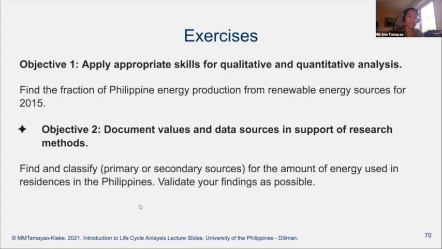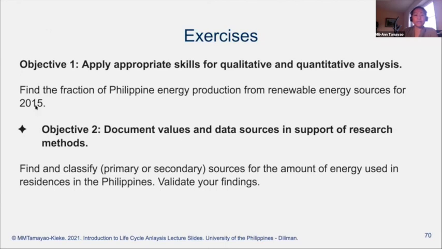O sige. So let's have an exercise. Okay, so for the first objective, apply appropriate skills for qualitative and quantitative analysis. So the task for that is find the fraction of Philippine energy production from renewable energy sources for 2019, kasi alam ko updated na yan.